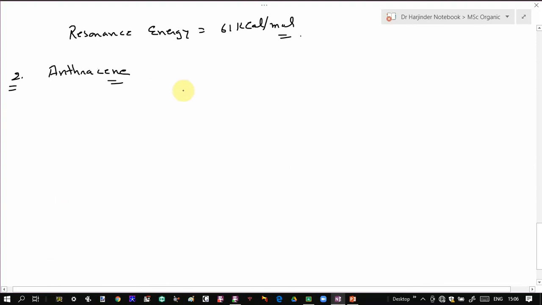So this is your anthracene molecule. If you want to number this anthracene molecule, we can number it as 1, 2, 3, 4, then 5, 6, 7, 8, 9, and 10. Then this is 11, 12, 13, and 14.